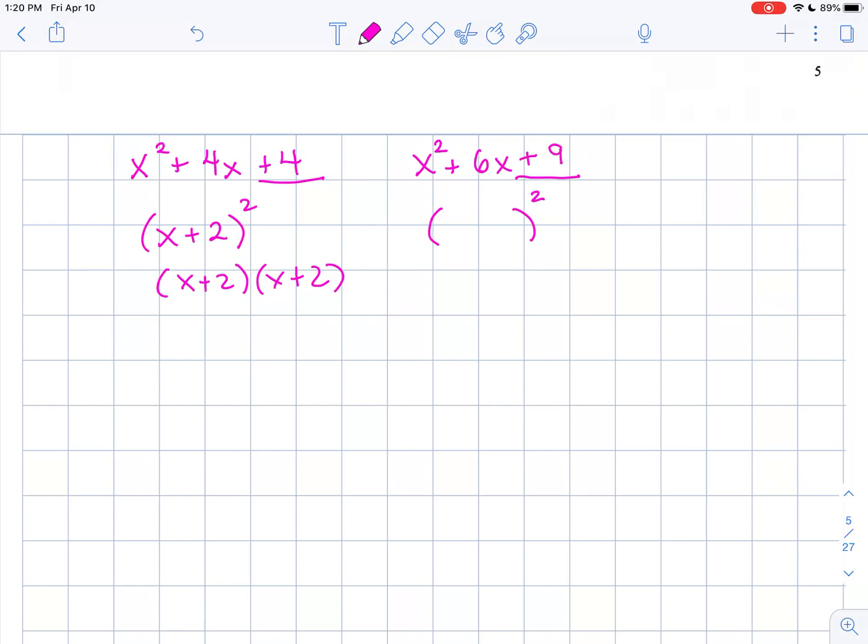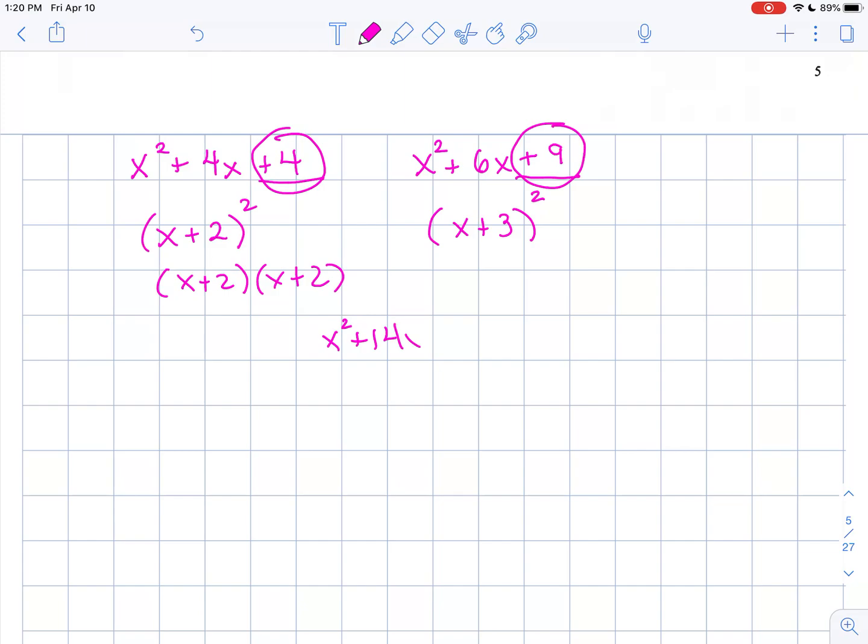It would be plus 9, because then x plus 3 times x plus 3 is x squared plus 6x plus 9. So this process of adding the 9, the c value, is completing it so that it's a perfect square trinomial, and we can factor it.